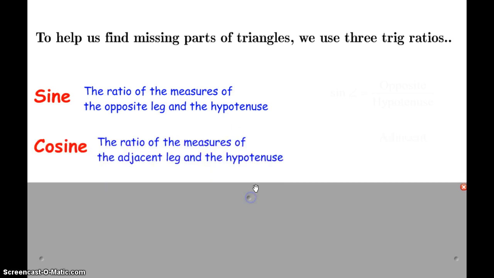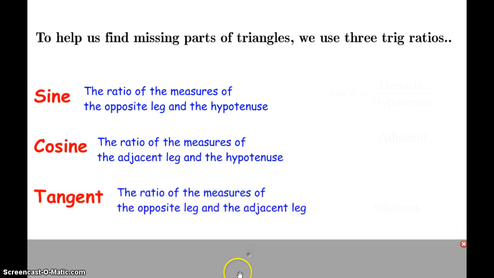We also have cosine, which is the ratio of the measures of the adjacent leg and the hypotenuse. Notice we're already using those labels, opposite leg, adjacent leg. And we use them both here for tangent, which is the ratio of the measures of the opposite leg and the adjacent leg.